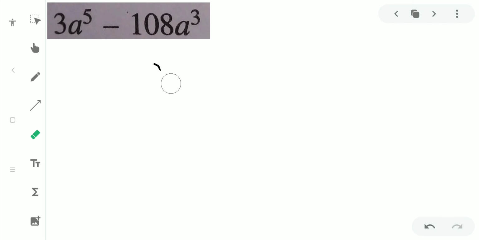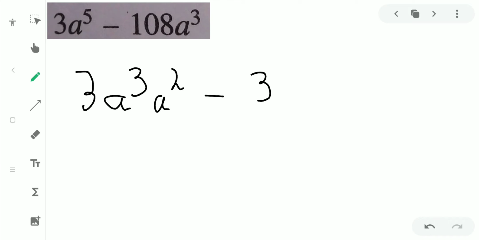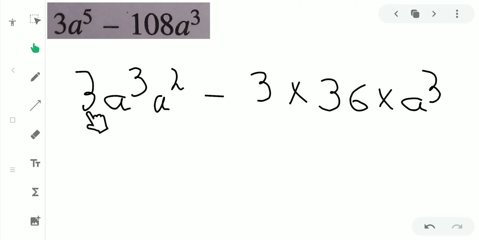So a power 5 is nothing but 3 into a cube into a square, and minus 108 is nothing but 3 multiplied with 36 multiplied with a cube. So 3 into a cube into a square minus 3 times 36 times a cube.